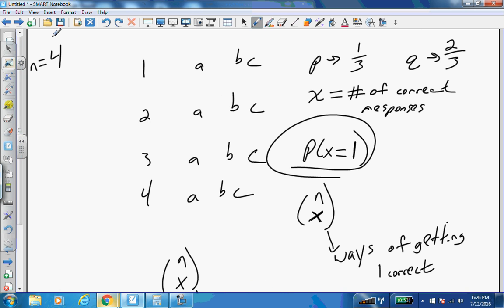Well, let's just talk through that. We could get the first one right, and then the next 3 wrong. We could get the first one wrong, the next one right, and then the next 2 wrong. We could get the first 2 wrong and then the third one right and the last one wrong. We could get the first 3 wrong and the last one right. So there are 1, 2, 3, 4 ways of getting exactly one right or correct answer.